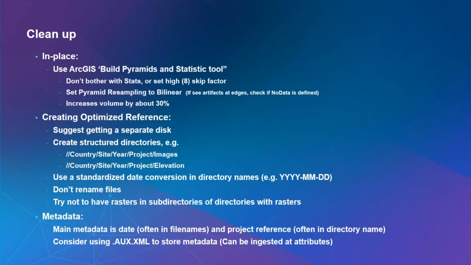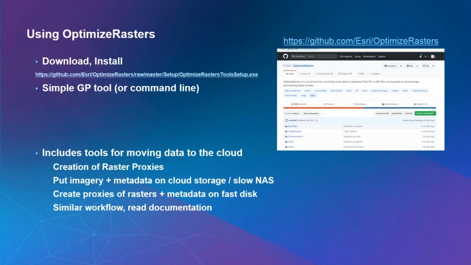Very often it's just by maintaining the file names or directory names. Also consider there is, within ArcGIS, used by something called GDAL, something called an AUX.XML that can be used to store metadata. And if the data is in that AUX.XML file, ArcGIS can automatically extract that information into the mosaic datasets.